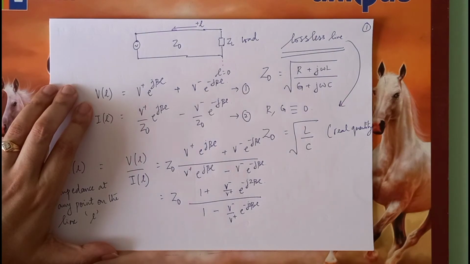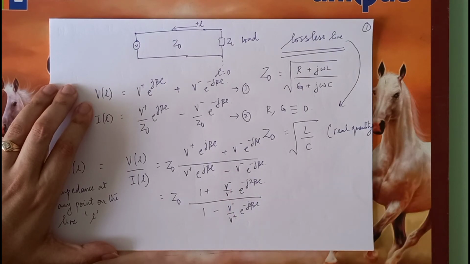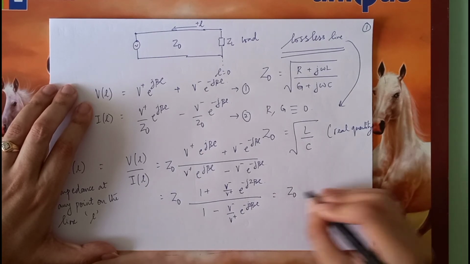So we already know that V minus divided by V plus is indicative of the reflection coefficient at the load, and that we had designated as gamma suffix capital L.